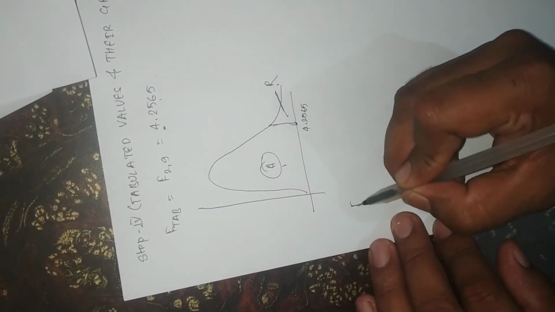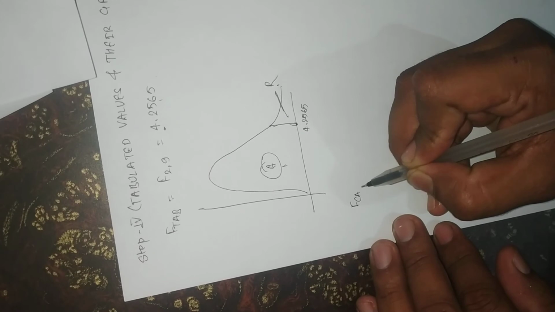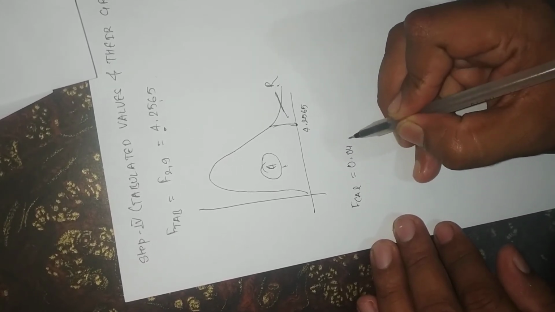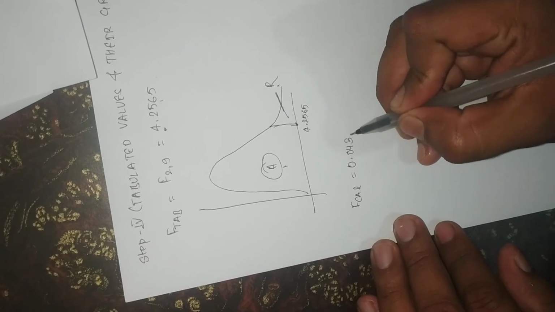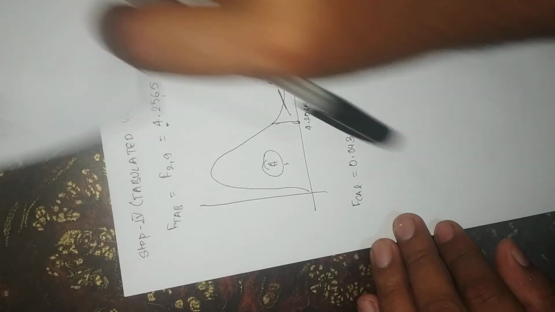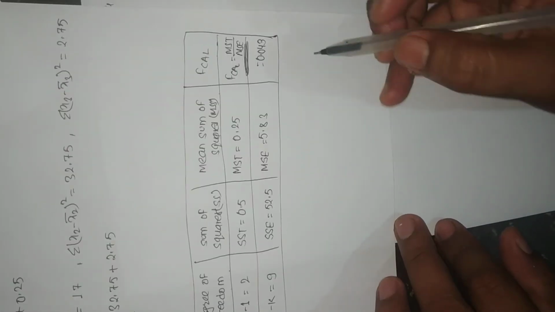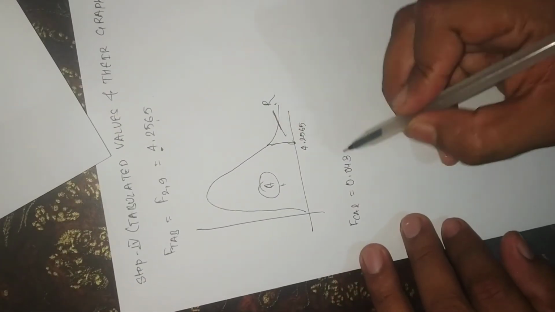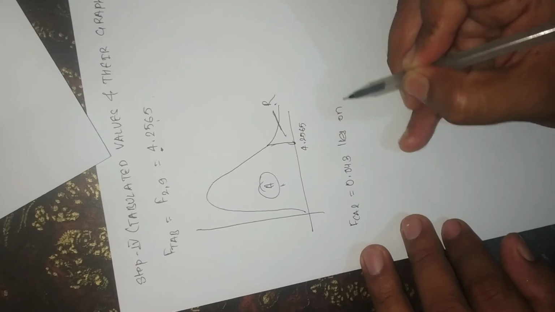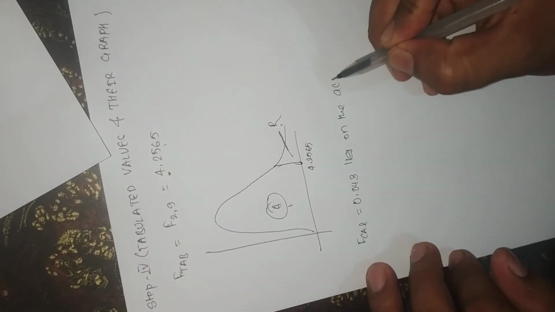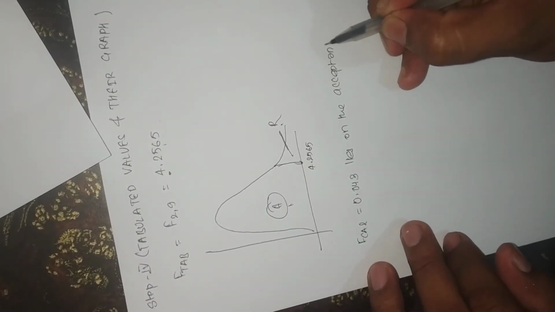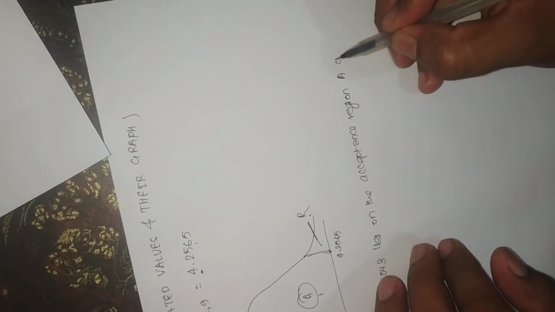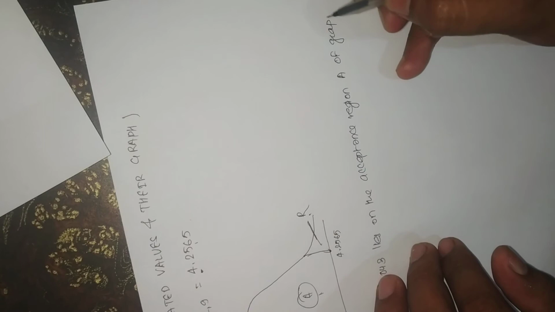So we can see that our obtained value, F calculated, is 0.043. This 0.043 lies in the acceptance region of the graph.